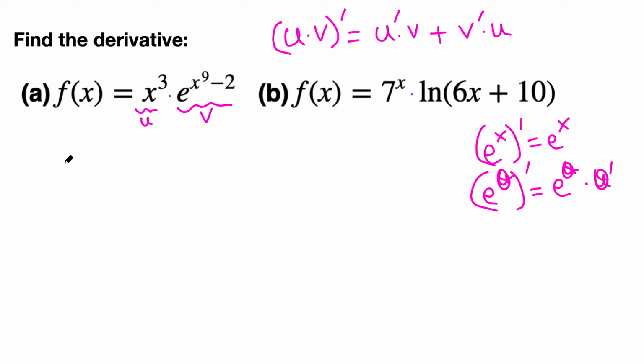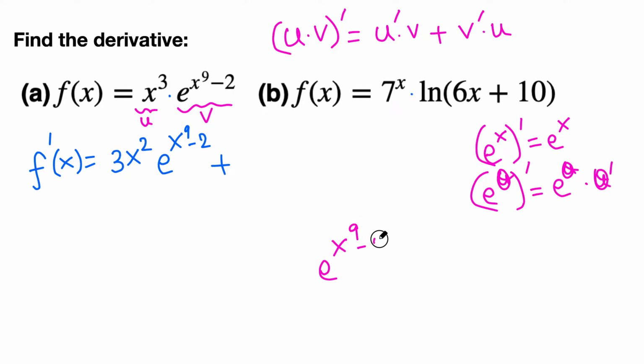So let me find the derivative here. First we need to use the product rule. So derivative of this times second, e raised to x to the 9th minus 2, plus derivative of second factor, let's find separately here, e raised to x to the 9th minus 2.